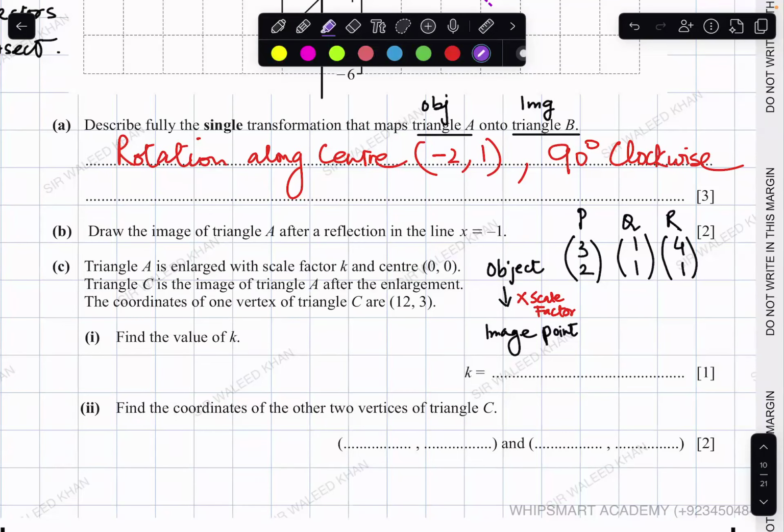No point from the object can turn into 3 because obviously 2 cannot turn into 3 if I multiply it with a number. 1 can if I multiply it with 3, the same over here. But this I have to multiply with 12, so it can't be 1 over here. It can be 4. So for example, we have the point 12 and 3 over here.